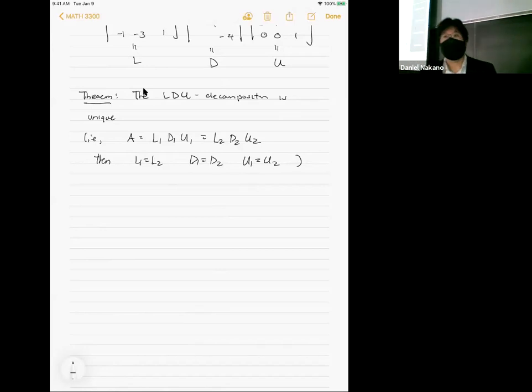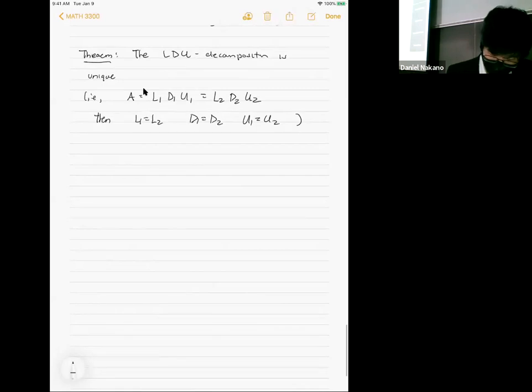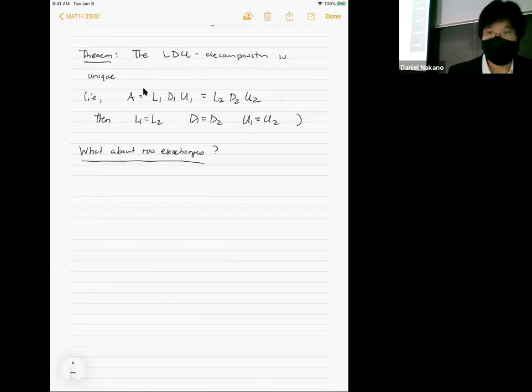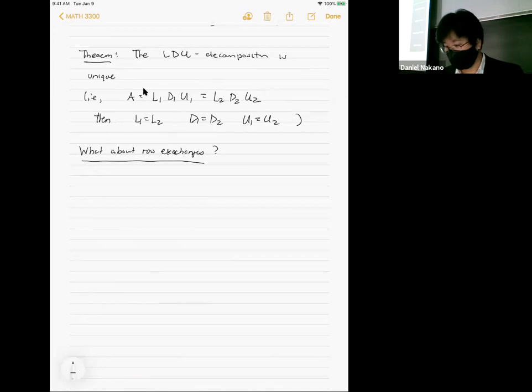All right. Now, what about row exchanges? So let me talk a little bit about row exchanges. Sometimes, in the process of Gaussian elimination, you want to switch rows so that you can use the pivots in the right places.